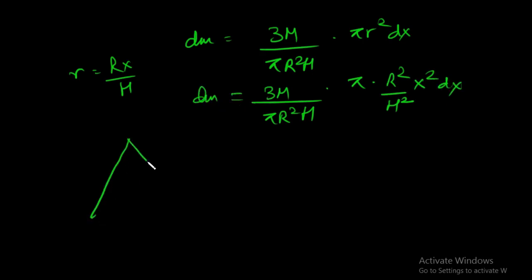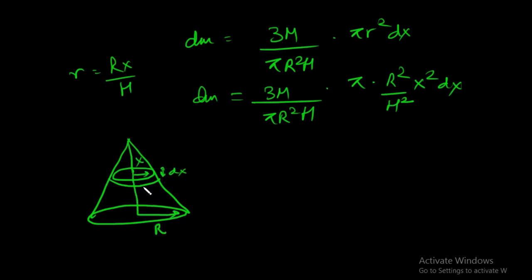Let me draw the figure again. This was the cone and this is the elemental disk. This is the width dx at a distance x. This is small r. This is A, this is O, this is B, this is C, D, and this is the height.